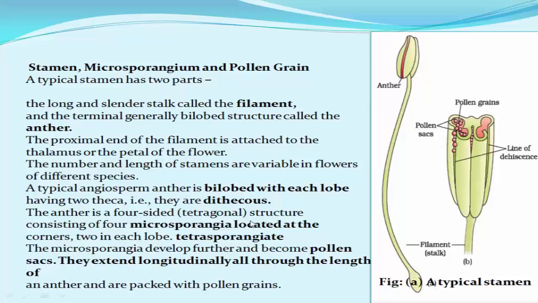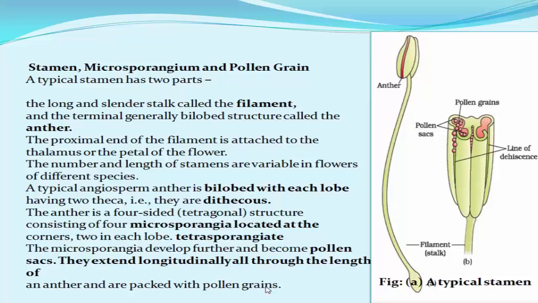They extend longitudinally all through the length of an anther and are packed with pollen grains. The microsporangia will be converted into pollen sac, and the pollen sacs are containing pollen grains. They are longitudinally extended throughout the length of anther.